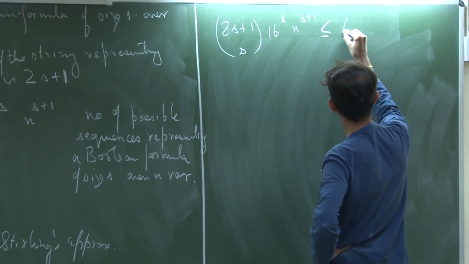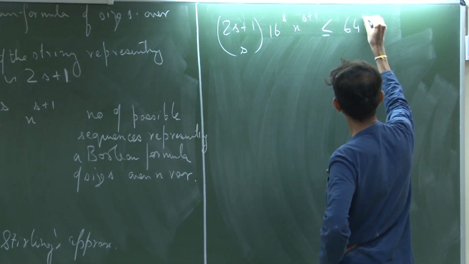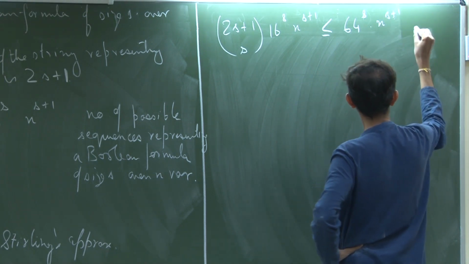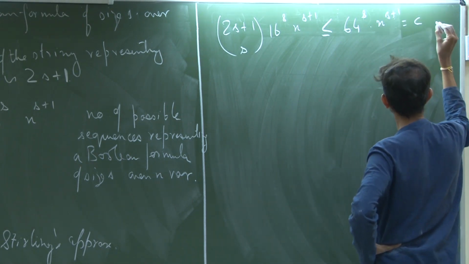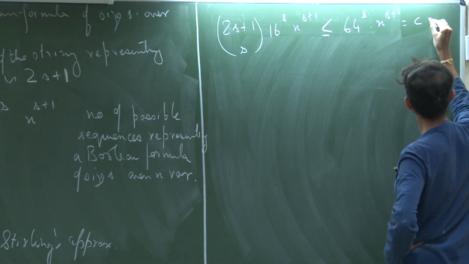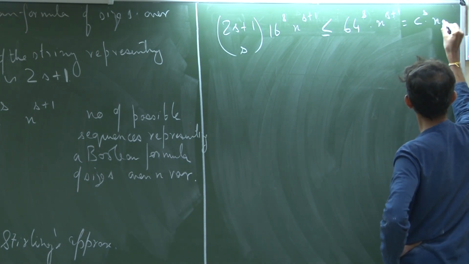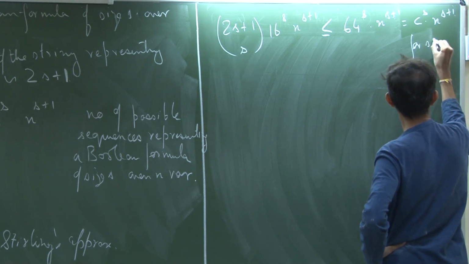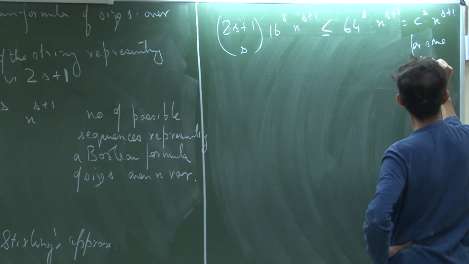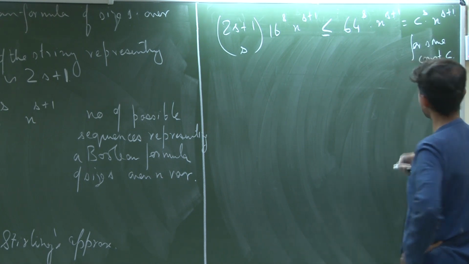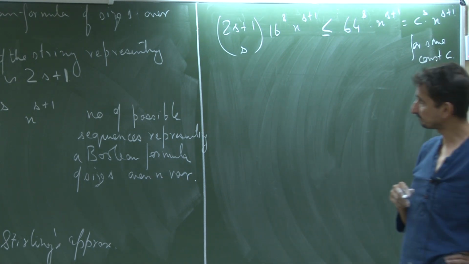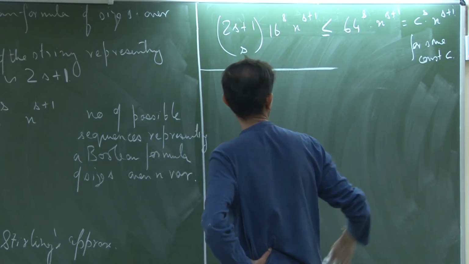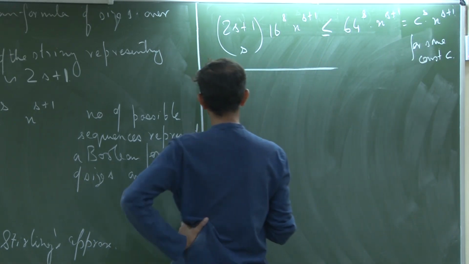So, this would be 64 to the power s times n to the power s plus 1, and I can write this as some constant c times c to the power s times n to the power s plus 1. Okay. Now, we will try to see what this quantity becomes.